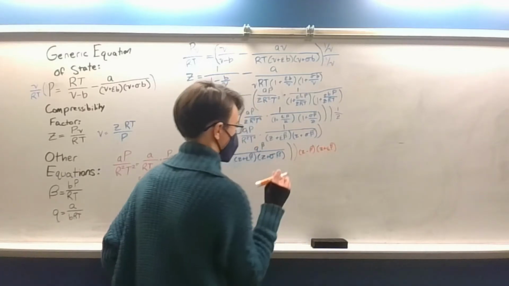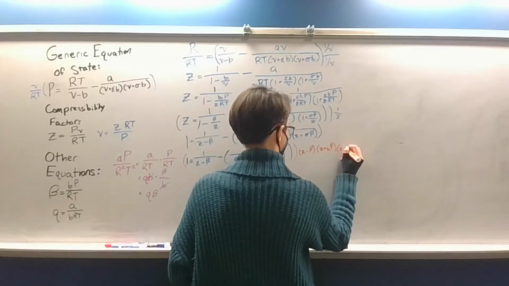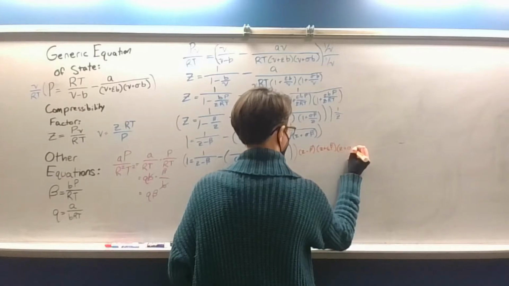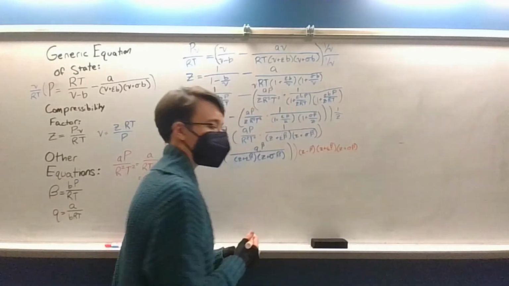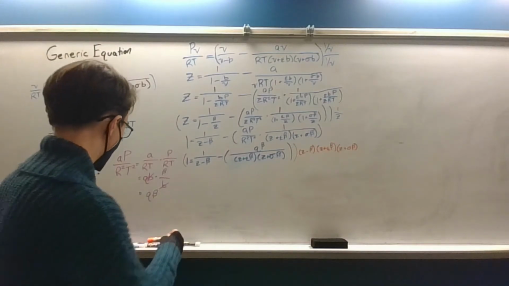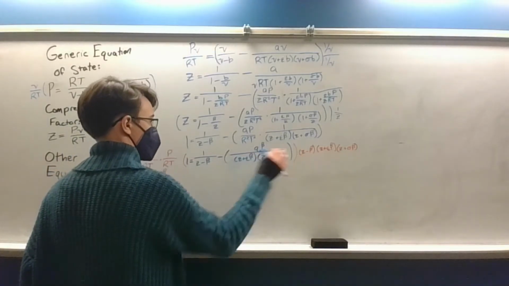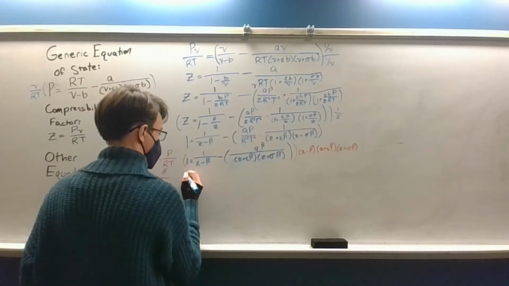No, this is a beta, not a B, sorry. Times compressibility factor plus sigma times beta. So that's going to be our common denominator that we're going to multiply everything by. So let's write that out. So we've got all of that times 1, so it's just itself.